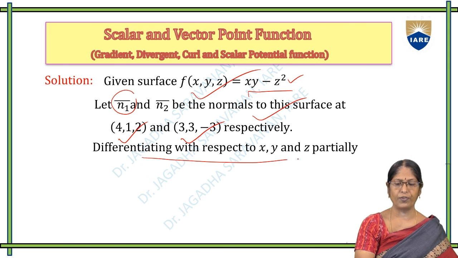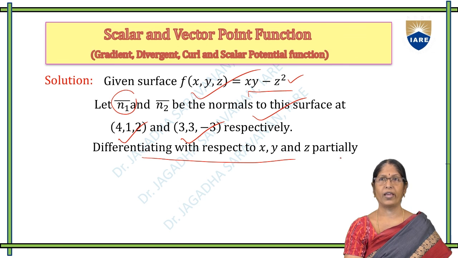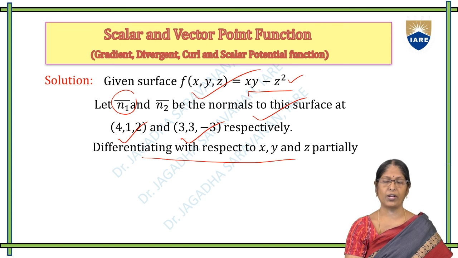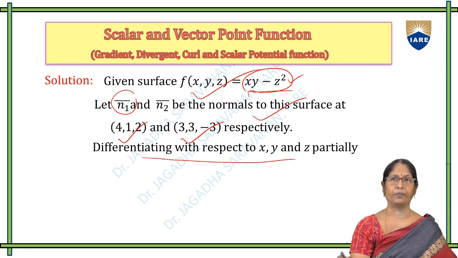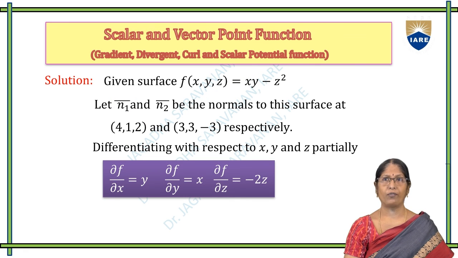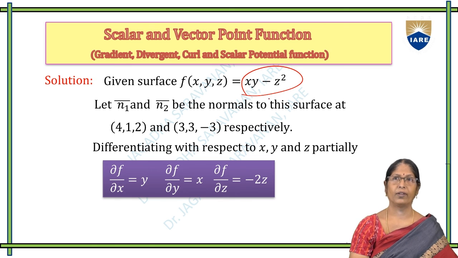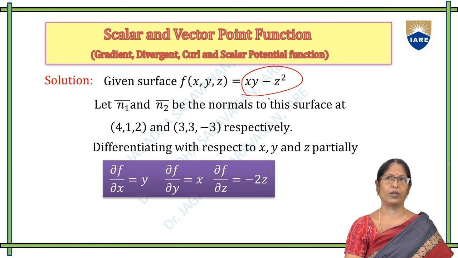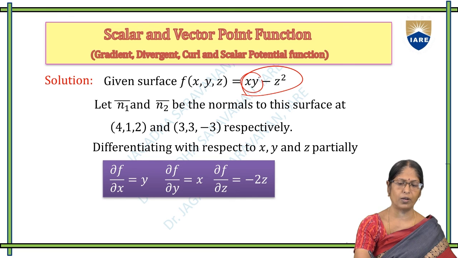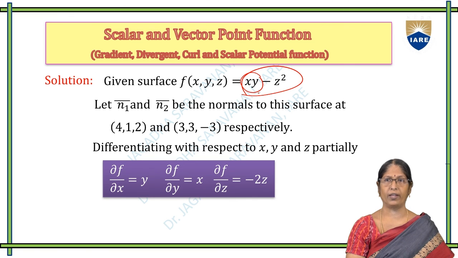First we differentiate our function partially with respect to x, y, z. That is dou f by dou x. In this function there are two terms. Where is our variable x? Only the first term has the variable x.